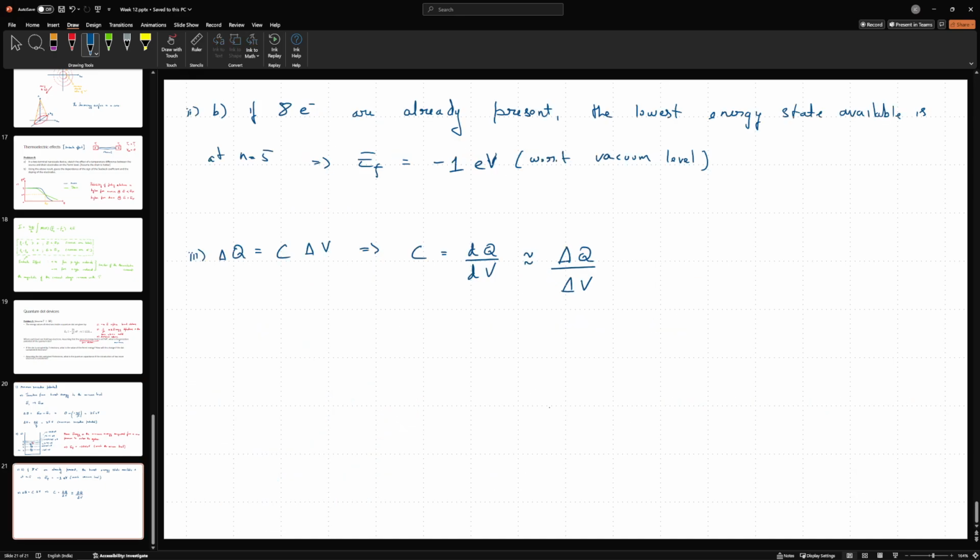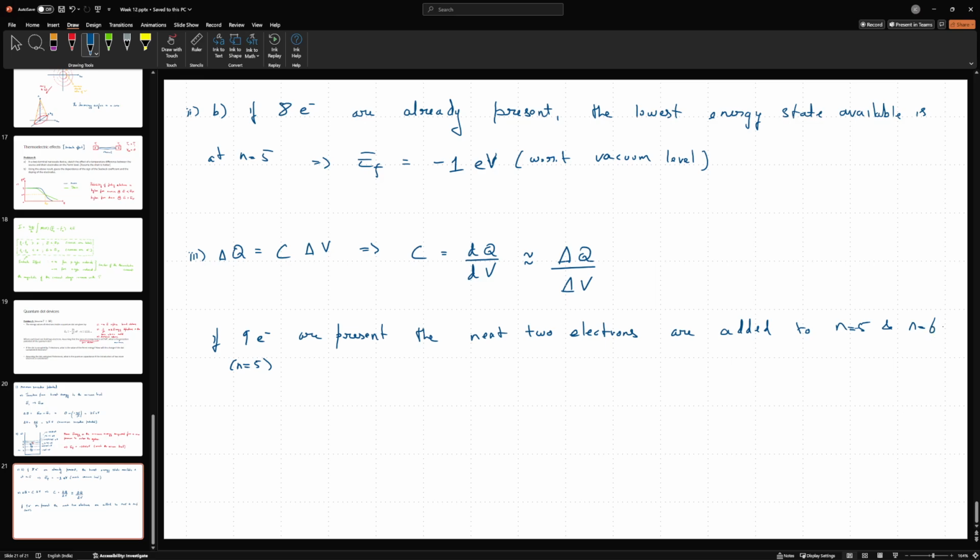So now how do I find out delta Q by delta V? First, if 9 electrons are present, then the next 2 electrons are added to n equal to 5 and n equal to 6, because when I add 1 electron to the 5th energy level, that level is filled.